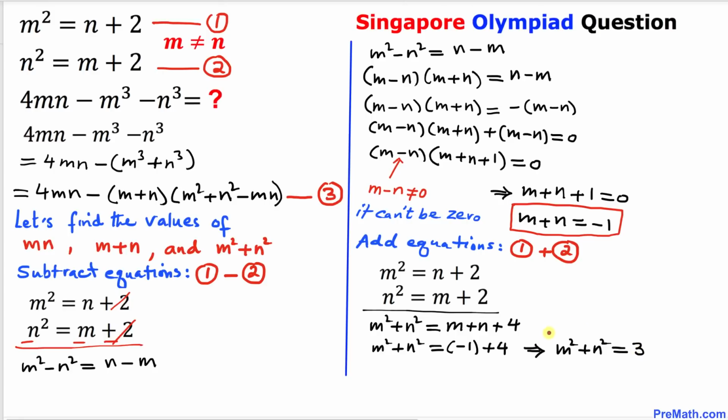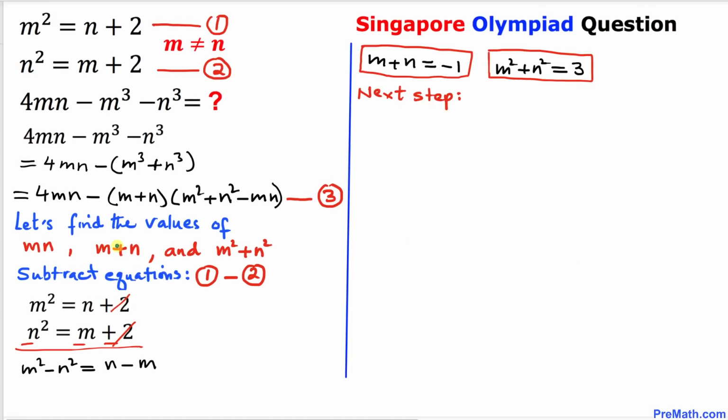So we got m² + n² equal to 3. Thus far we have figured out our m + n value as −1 and m² + n² value as 3. Now we are going to find the value of mn.